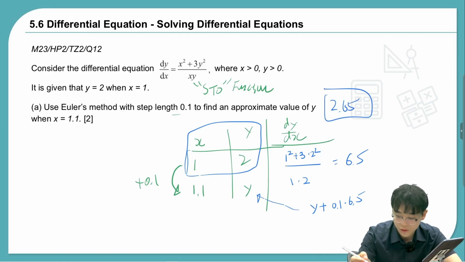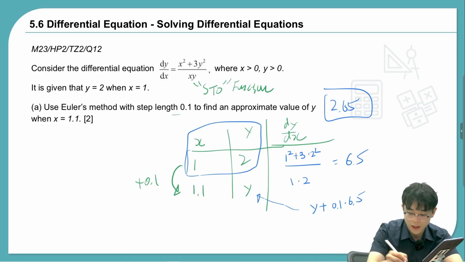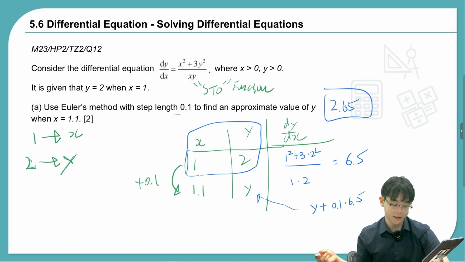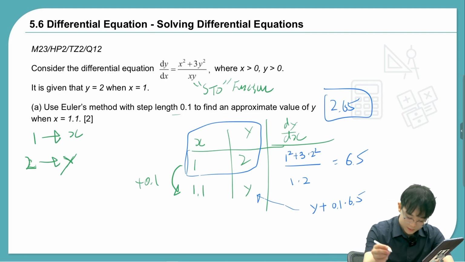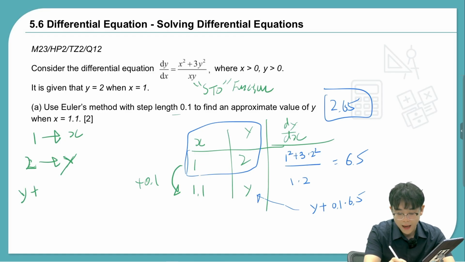But if you were to use your calculator, this is what you do. You would first store the 1 value as x and the 2 value as y. So from this point onwards, whenever you enter an x or a y, you get 1 and 2. Next, you would find the expression. We take our original value of y, and we add 0.1 times the slope, right?